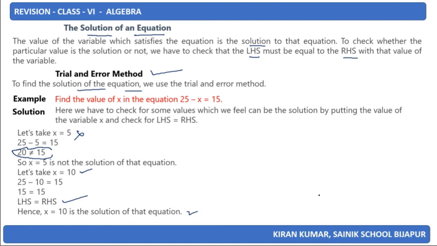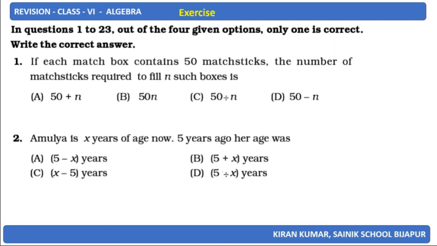First, we have questions from 1 to 23, objective type. Only one out of the 4 given options is correct. We need to choose the correct answer. Let's take up the exercise questions. First question: if each matchbox contains 50 matchsticks, the number of matchsticks required to fill n number of such boxes is.